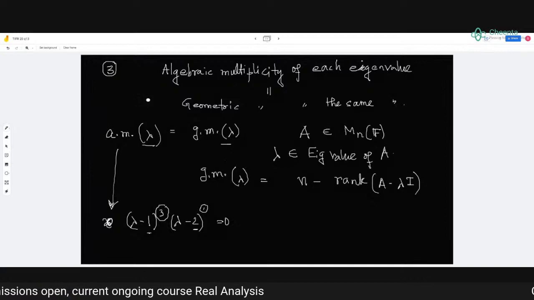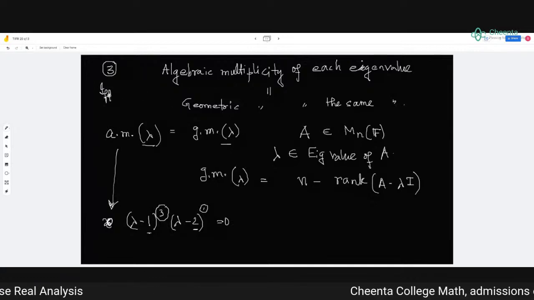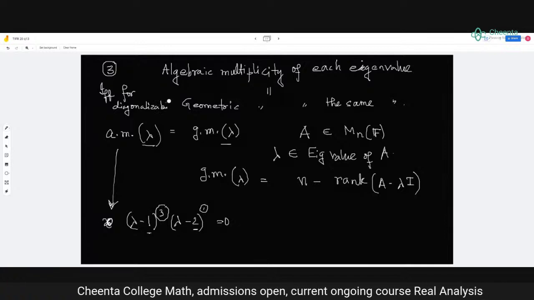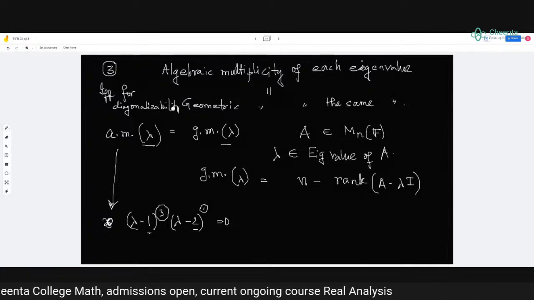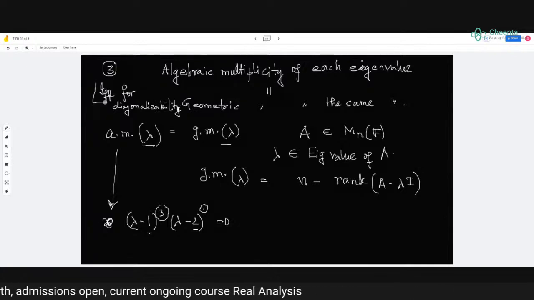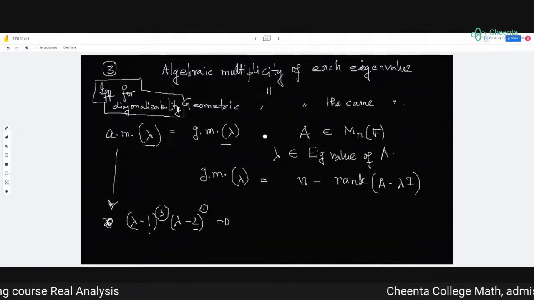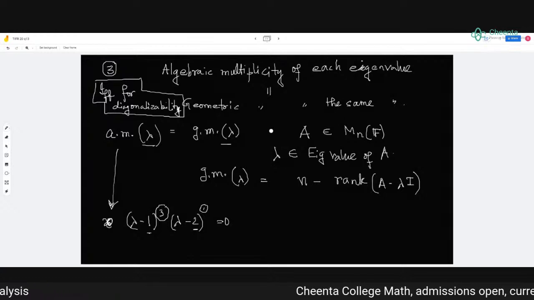So this is an if and only if condition for diagonalizability. Always remember that: algebraic multiplicity must equal geometric multiplicity.